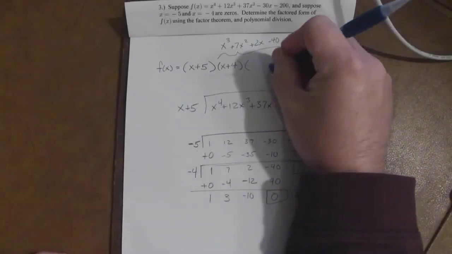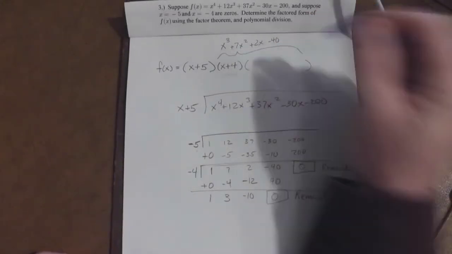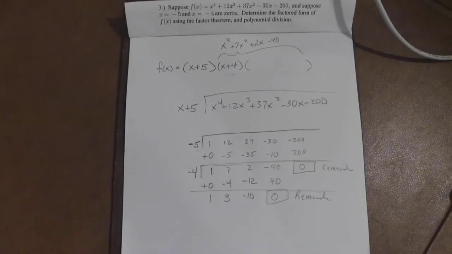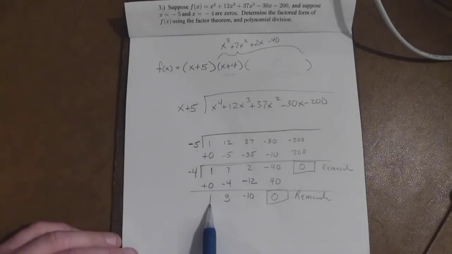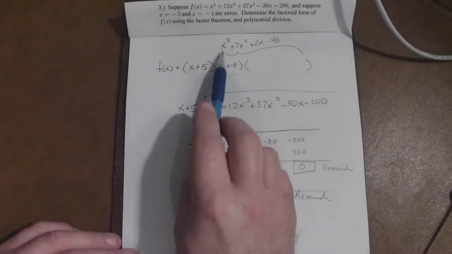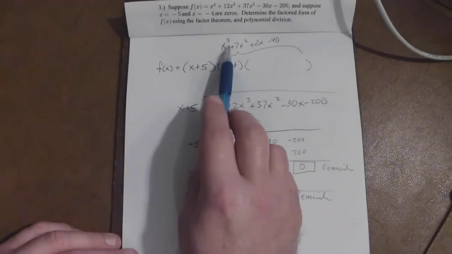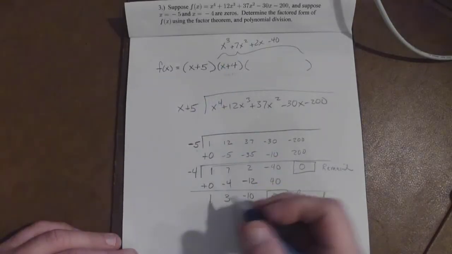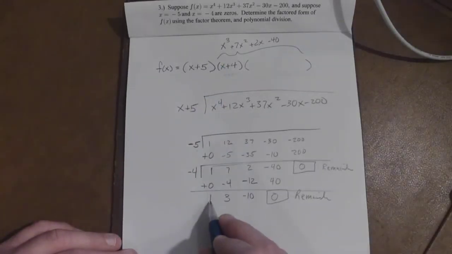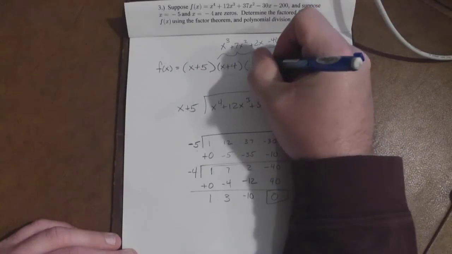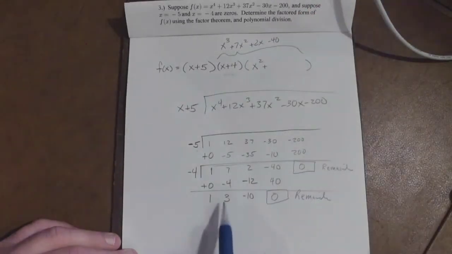What it leaves behind is this quantity. If we think about this unknown, this question mark that we had in our factored form, its coefficients are going to start with 1, 3, and negative 10, and the degree is going to be 1 less than the third degree, which is going to start at the second degree. So starting here, this is going to be 1 times x squared.